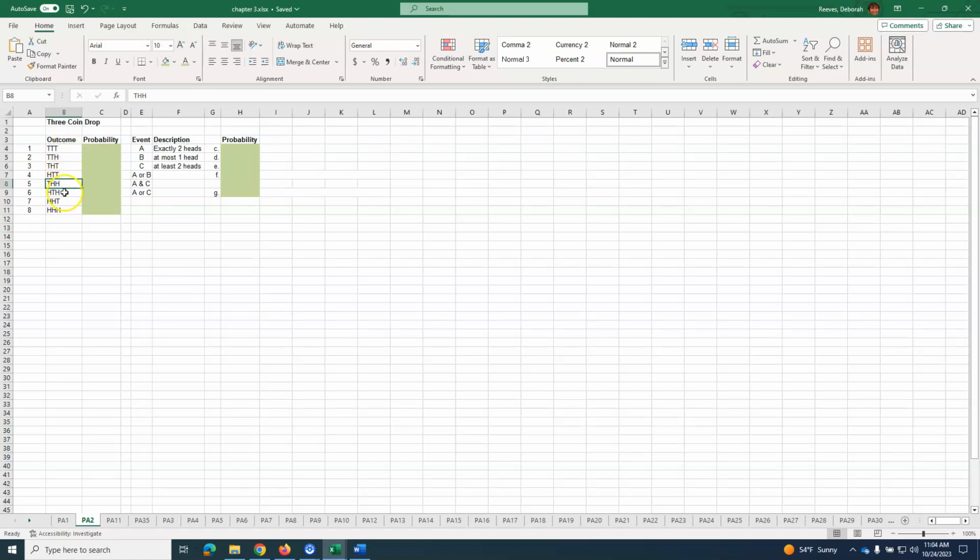Here, here, and here. So there's 3 places where we get 2 heads. Same as if we wanted to look at 2 tails, here, here, and here. So there's 3 chances out of 8 to get exactly 2 heads. So that's your hint for that. You'll need a decimal to put in there.